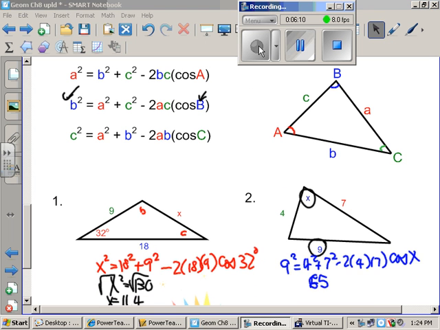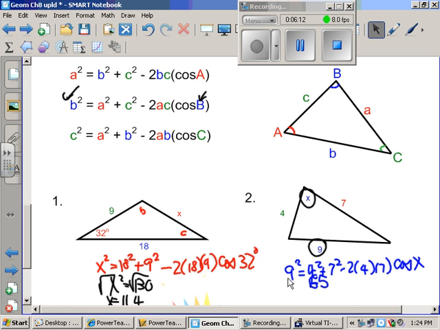All right, so we get 81 is equal to, and then 4 squared plus 7 squared is 65, minus 2 times 4 is 8, times 7 is 56. So I get minus 56 cosine of x.